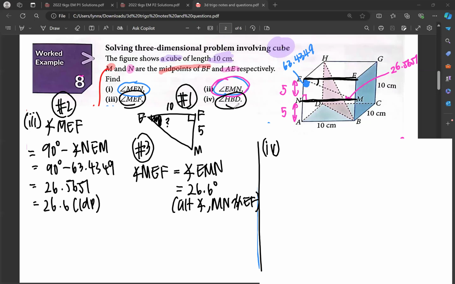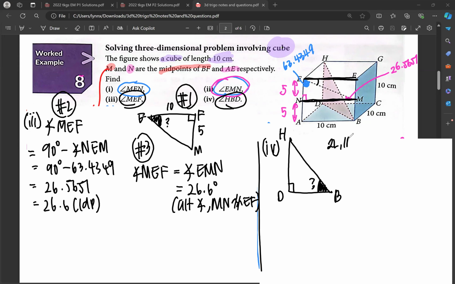So now, part 4, you need to ask yourself, HBD belongs to which right angle triangle? Yes. Whereby it is H, D, B. Here is my right angle. HBD is what I want to find. So remember I told you, whenever it is a right angle triangle, very high chance we'll be using what? SOH CAH TOA.